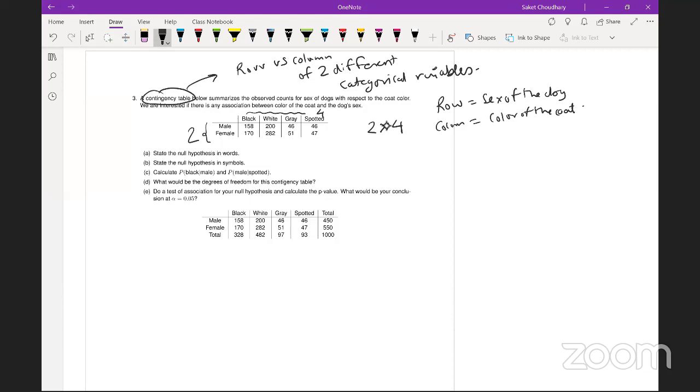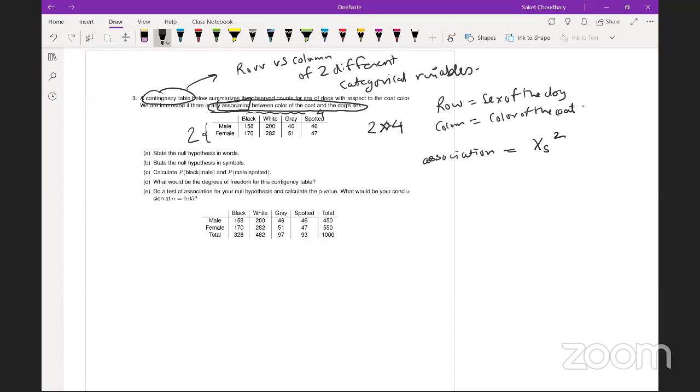Okay, so this is a contingency table with 2 rows and 4 columns. What is it that we are interested in? We are interested in testing whether there is any association between the color of the coat and the dog's sex. Okay, again, the moment you see this word association, just think about the only test you really need to worry about, which is the chi-square test.